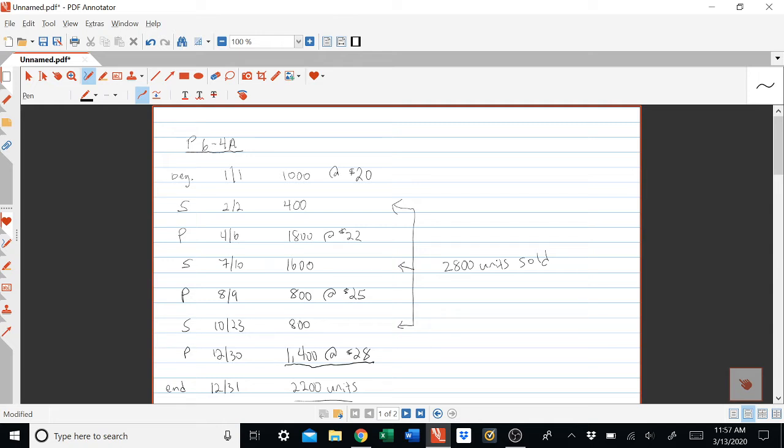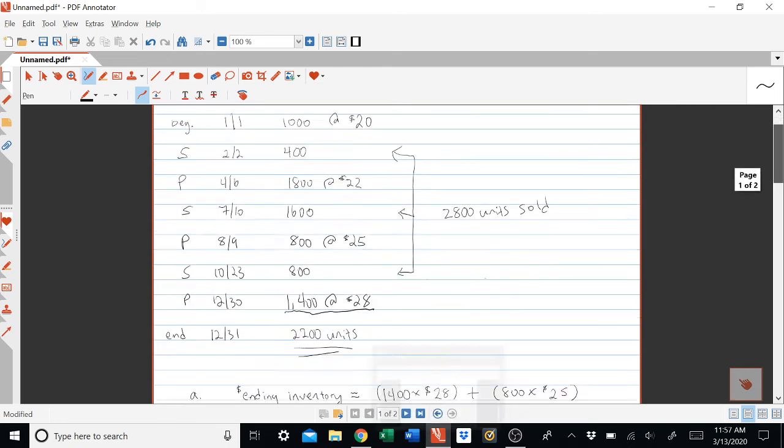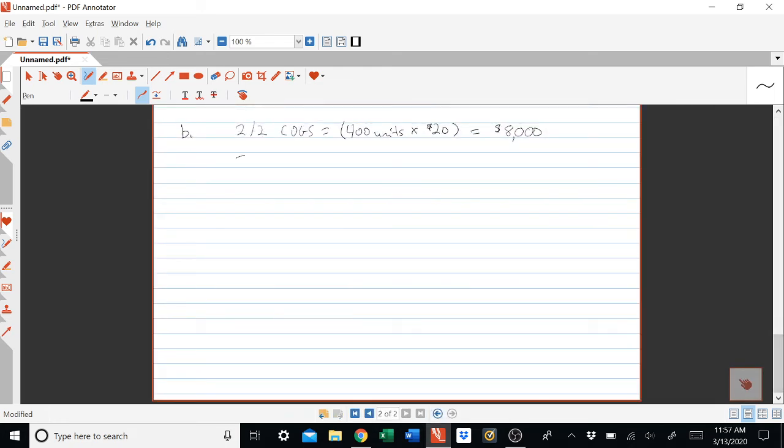So these 1,600 that were sold on July 10th, we assume they came from these purchases on April 6th. Remember, there's still 600 from the beginning inventory we haven't sold by assumption, but we're not going to grab any of those because we're assuming LIFO from the standpoint of this date. And there's enough units right here to get these. So the COGS of these units is 1,600 times 22.